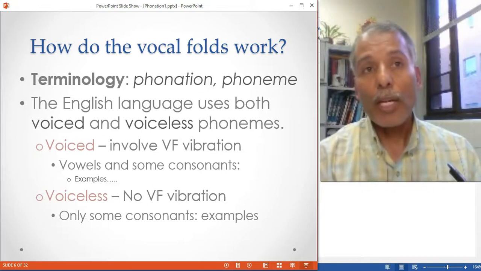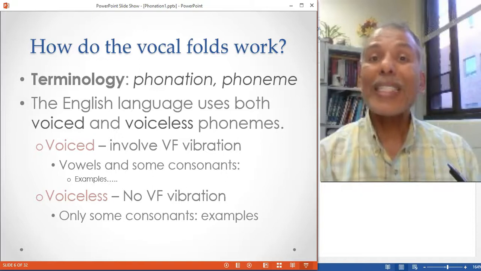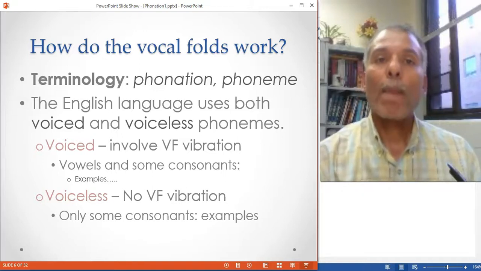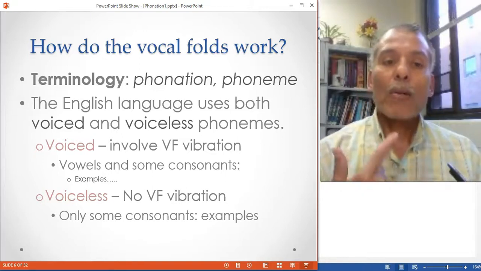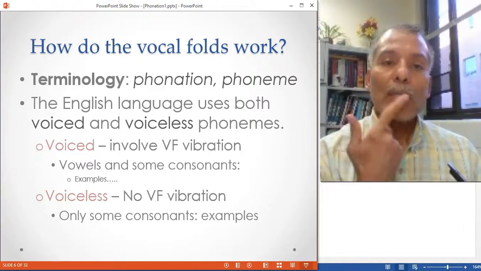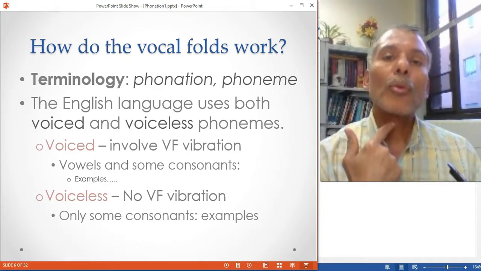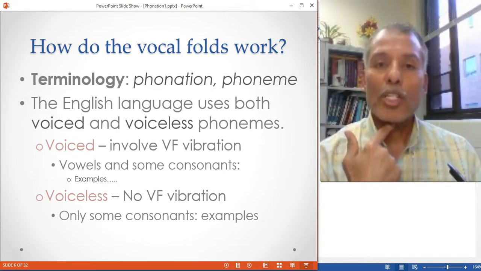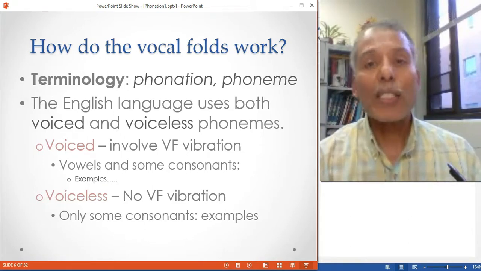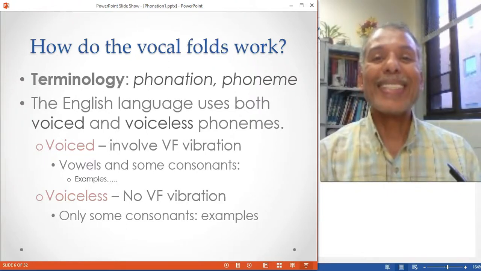The third category is voiced consonants, and they include oral cavity sounds in addition to vocal fold vibrations. Let's, instead of s, say zzz.